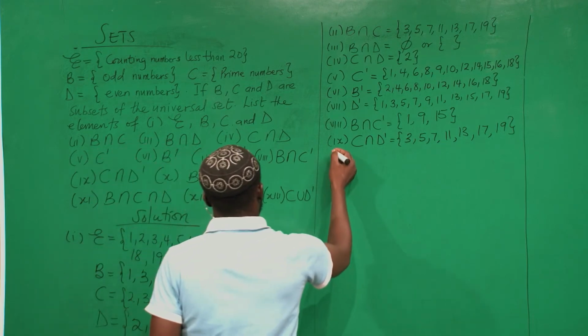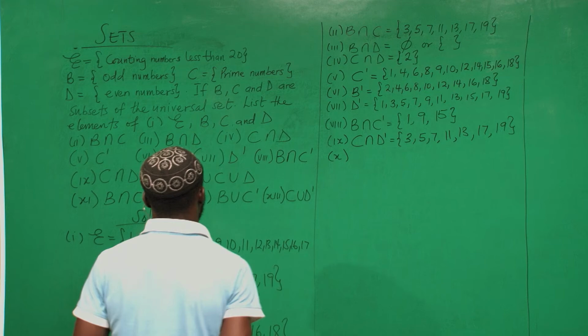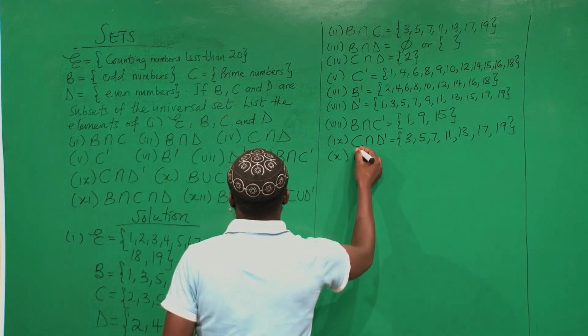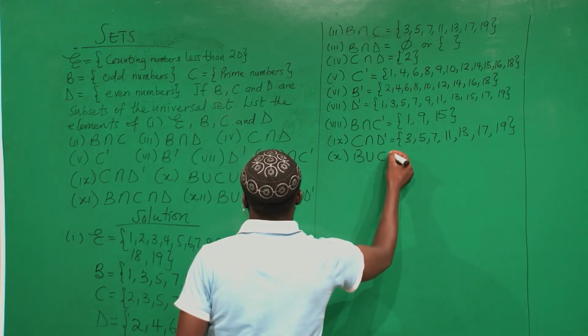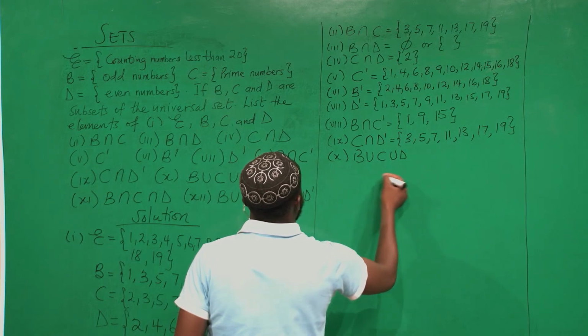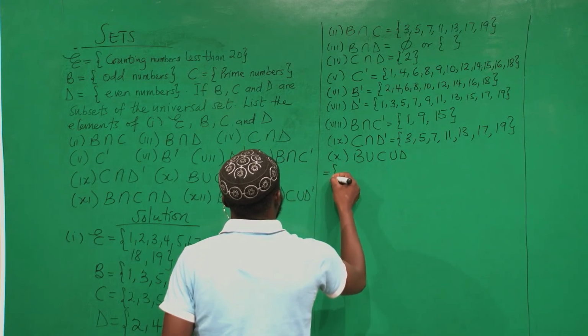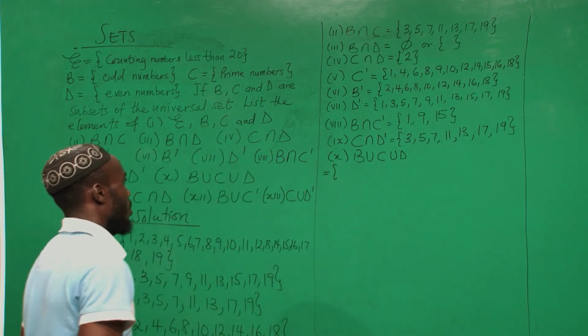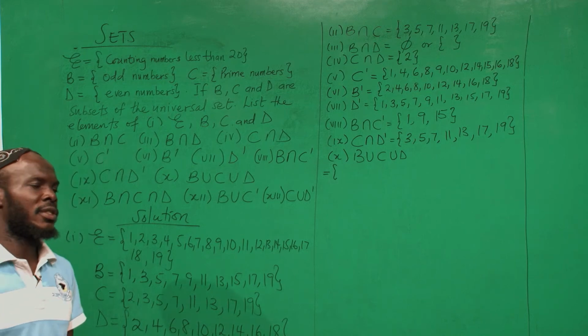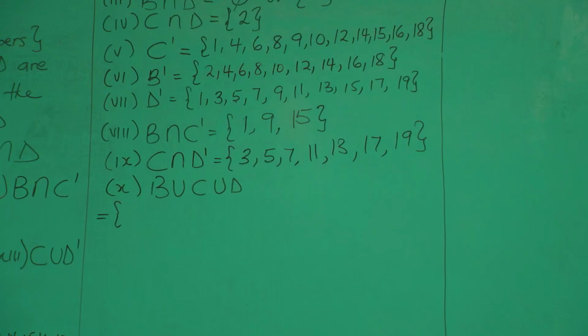X. We have B union C union D. Let me bring it here since it might be a lot. This means that we are putting the 3 sets together. Start with the smallest and end with the biggest. Where the number appears in two sets or in all 3 sets, write it once.